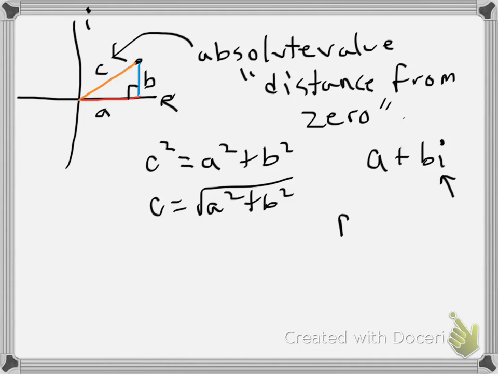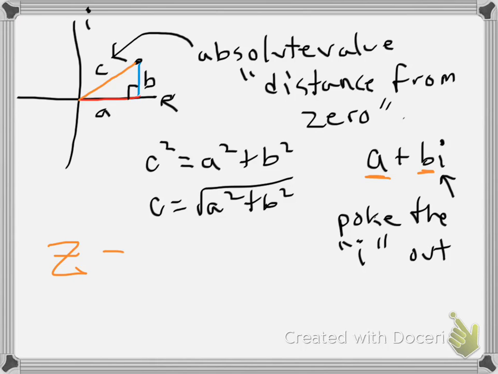In other words, you poke the i out when you do this, and you'll get what you really need. You really only need a and b to find the absolute value. We usually don't use the letter c. We usually say z is the complex number a plus, or it could be a minus, bi.